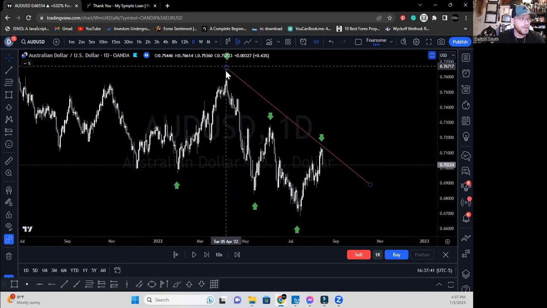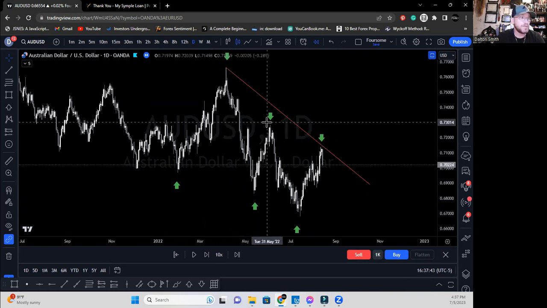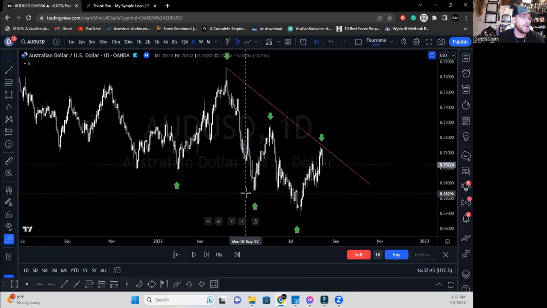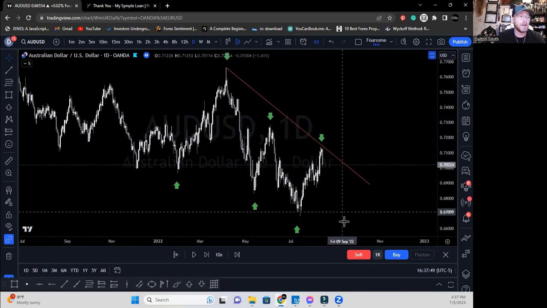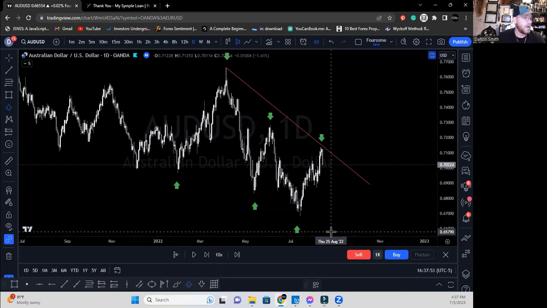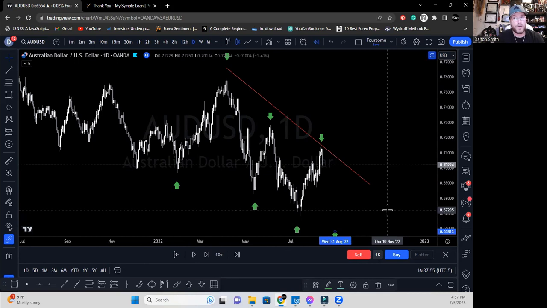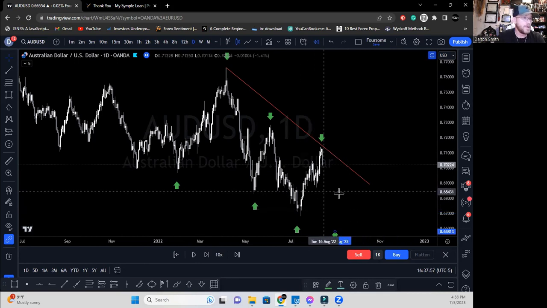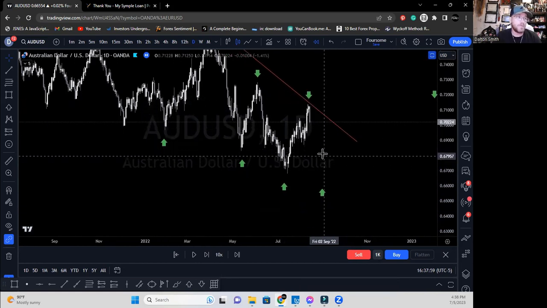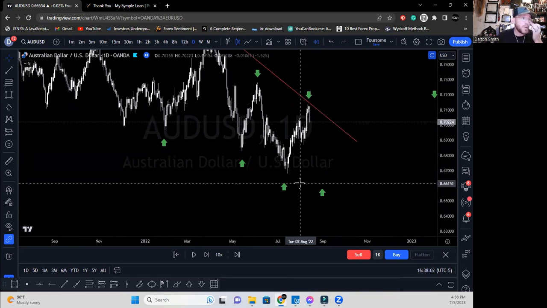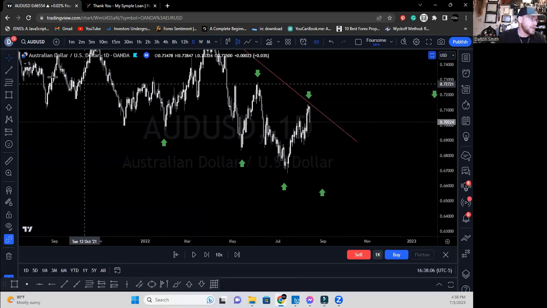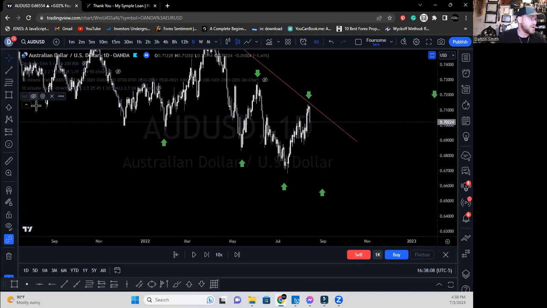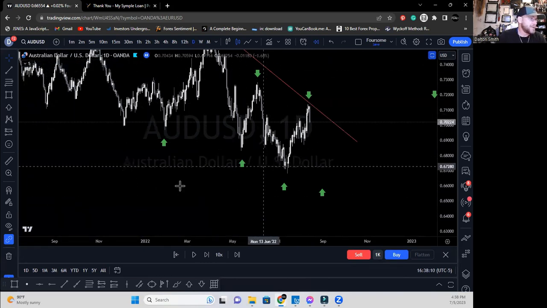We got a high, a low, a lower high, a lower low, a lower high, a lower low, right? I'll give you a hint. So this is what we're looking for. We're looking for a good movement here. We're looking for a lower low right here because we're trading structure, we're trading bias, we're trading trend direction.